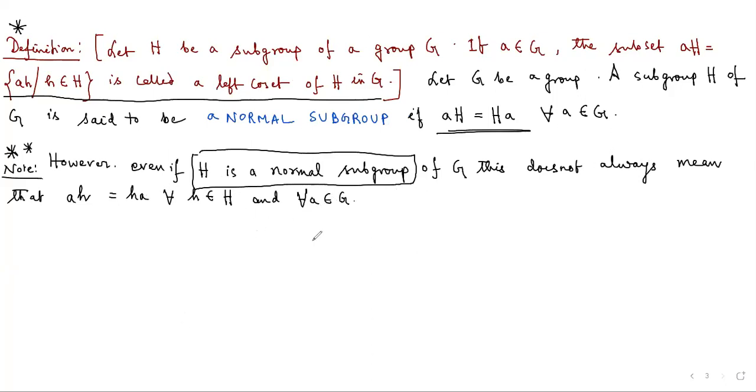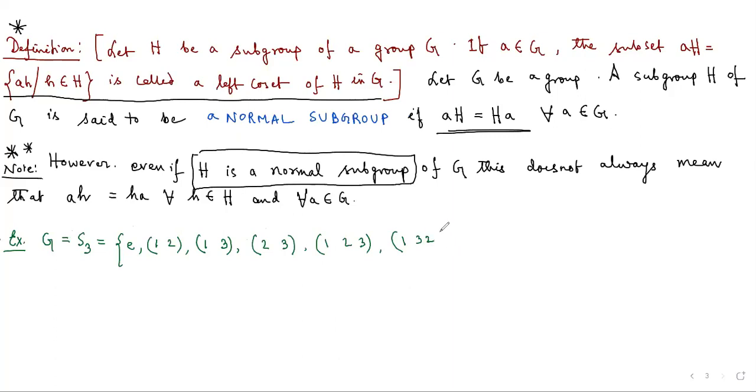The problem was: consider a group capital G, which is the symmetric group S3. We know that S3 has these elements: 1, (1 2), (1 3), (2 3), (1 2 3), and (1 3 2).